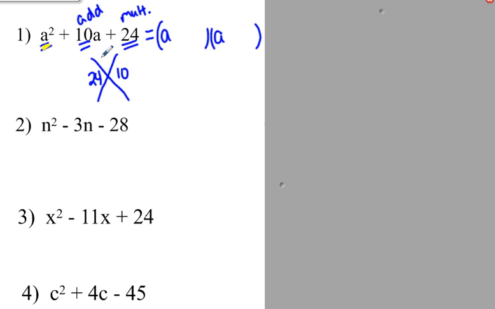Some factors of 24 could be 8 and 3. So 8 times 3 equals 24. However, 8 plus 3 does not equal 10. So we'll have to try something else.